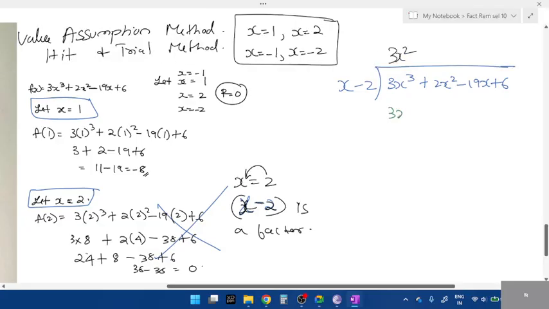So what do you get? 3x cube plus, into minus is minus. Next. So this becomes 0. What about this? 8x. After this, bring down one number.